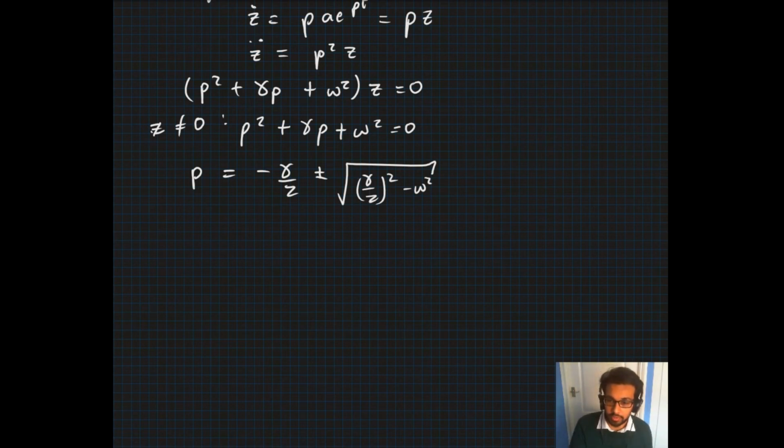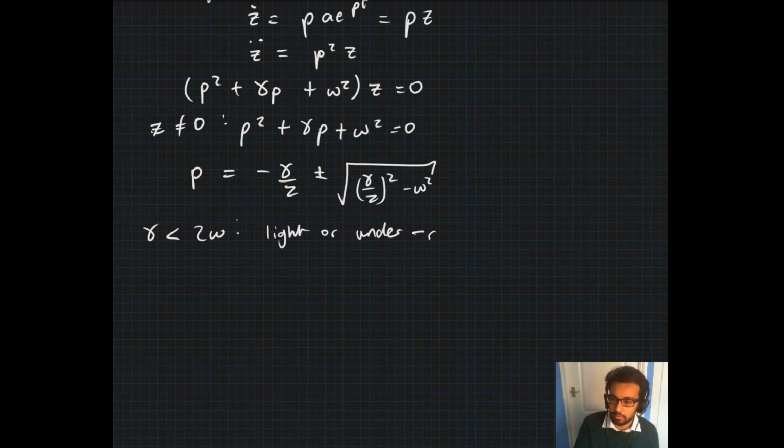Okay, so this is the general solution for p, which has three different regimes of damping. There are different physical consequences which arise according to the sign of this discriminant, (gamma over 2) squared minus omega squared. If we have gamma less than 2 omega, so this whole term is negative, then we have light or underdamping.